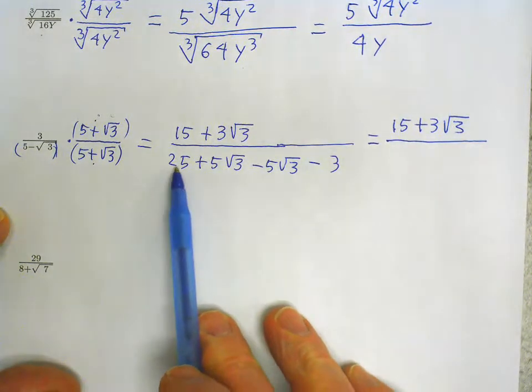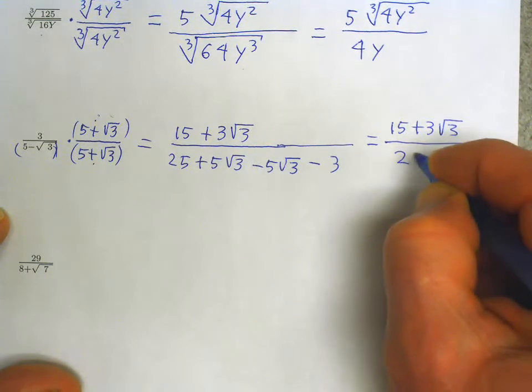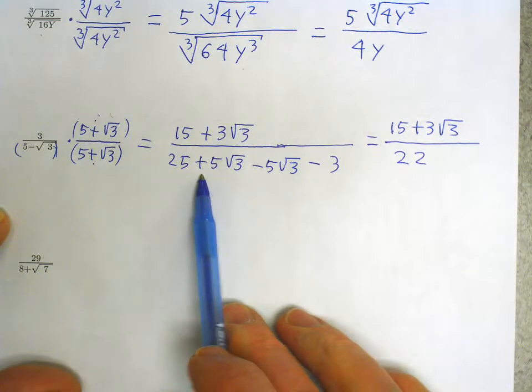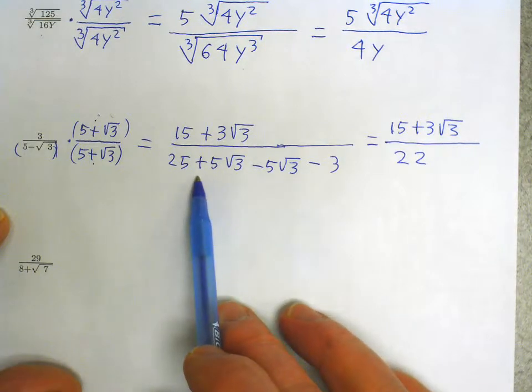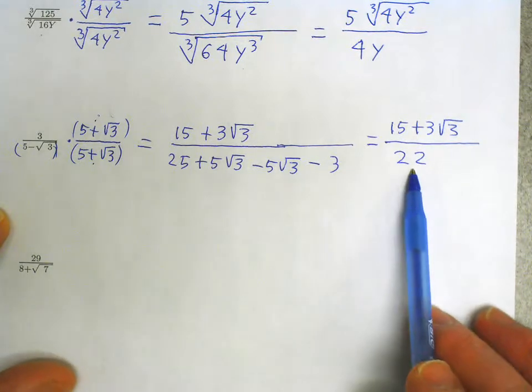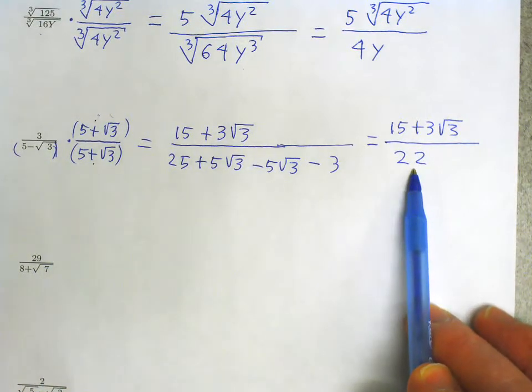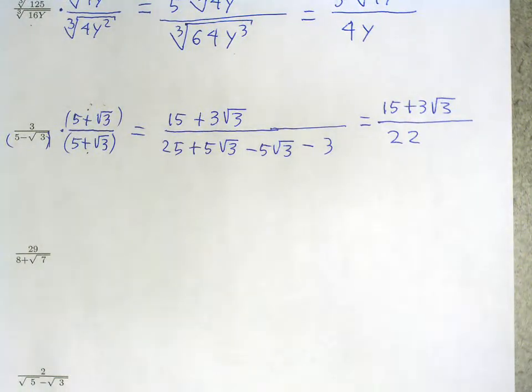In the denominator, we can combine 25 minus 3, which is 22. But plus 5 times the square root of 3 minus 5 times the square root of 3, these cancel each other out, so that we're just left with 22 in the denominator. And so the denominator has been rationalized.